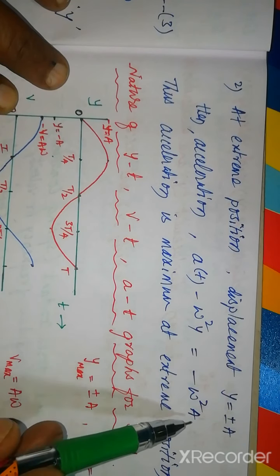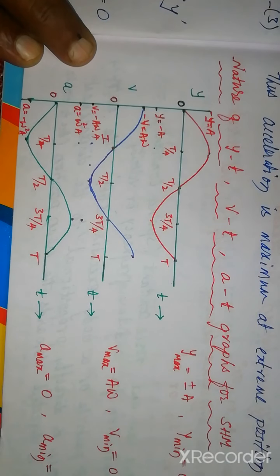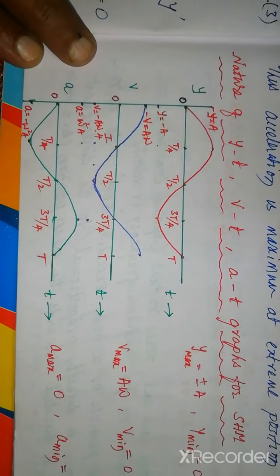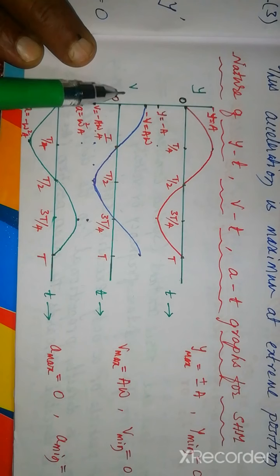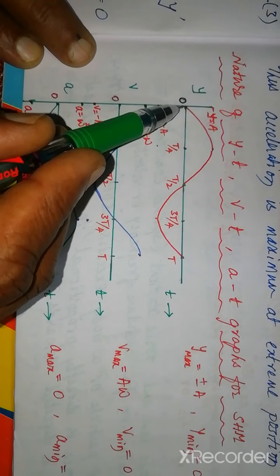Here are the nature of graphs for the displacement time graph, velocity time graph, and acceleration time graph for a particle or a body executing simple harmonic motion. So displacement is 0 at the mean position.